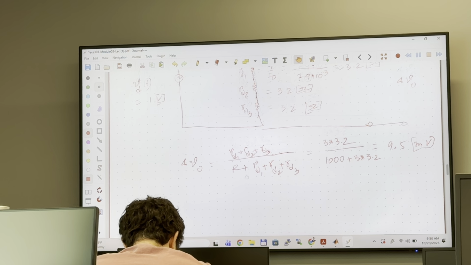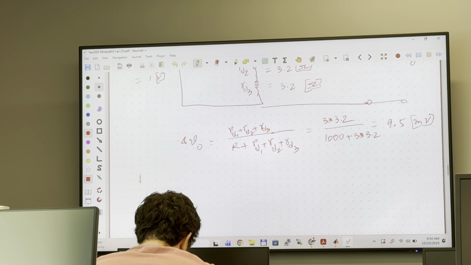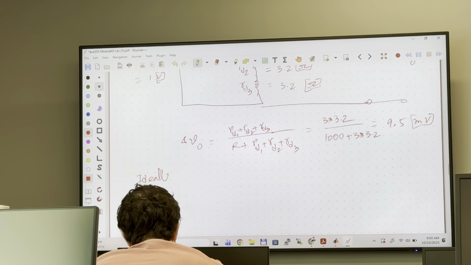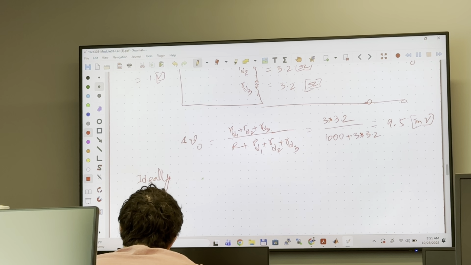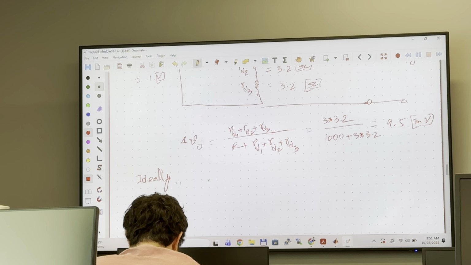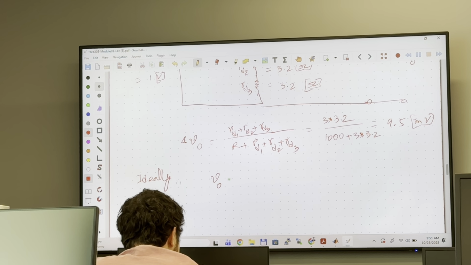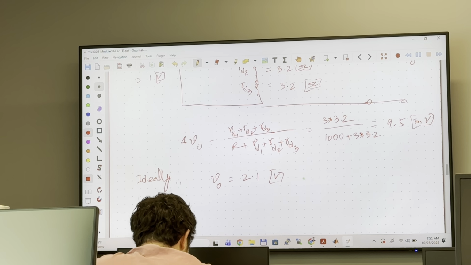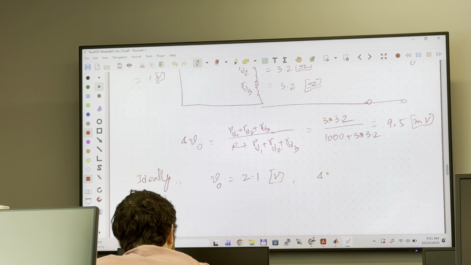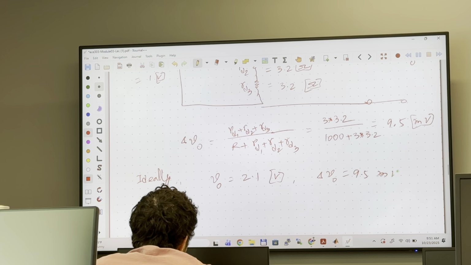So ideally you have Vout is 2.1 volt, but the change delta VO is 9.5 millivolt.